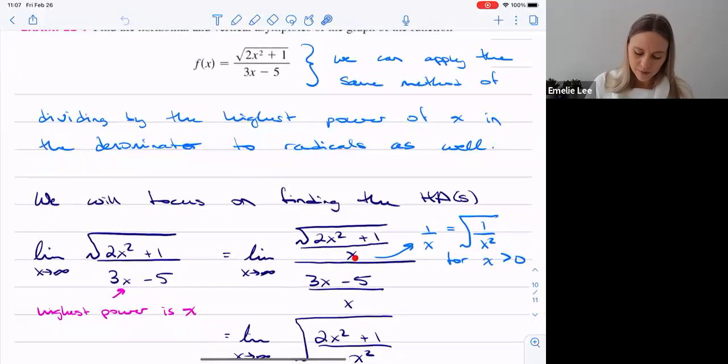But in order to simplify things, what we said was, well, I need to bring that x under the square root. So then it becomes important, well, is x positive, right? Is it going to positive infinity? Great. Then 1 over x, I can just rewrite as the square root of 1 over x squared, right?